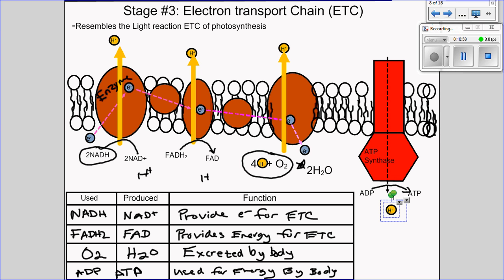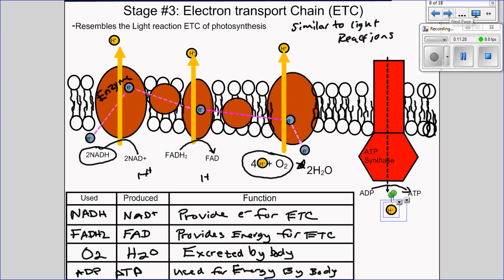Sorry for my writing, it's a little bit messy. So it's used for energy by the body. All right, so that's your electron transport chain. Very similar to the light reactions, except the energy is provided by NADH and FADH2 instead of the sunlight.